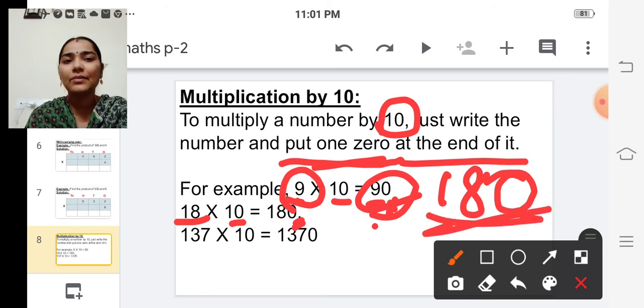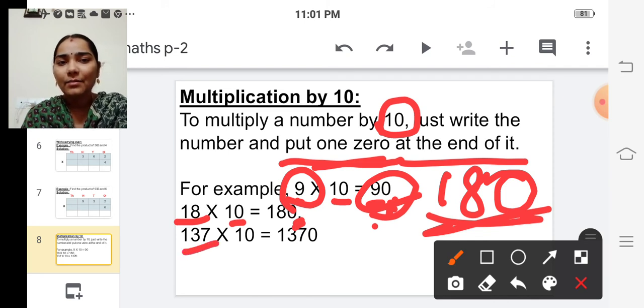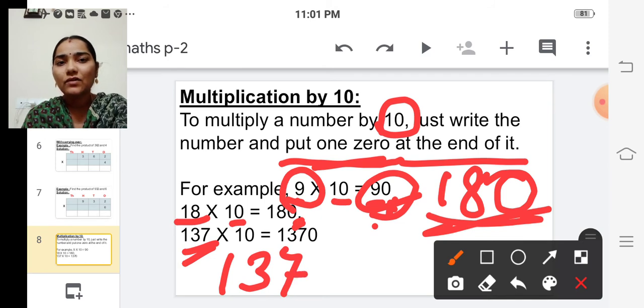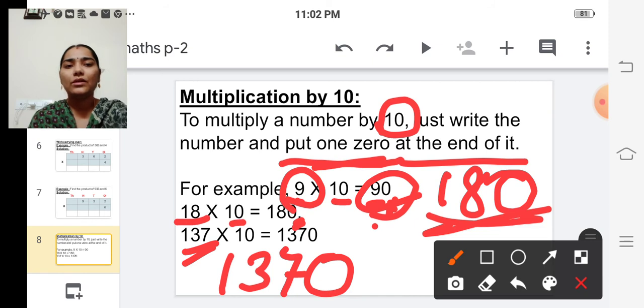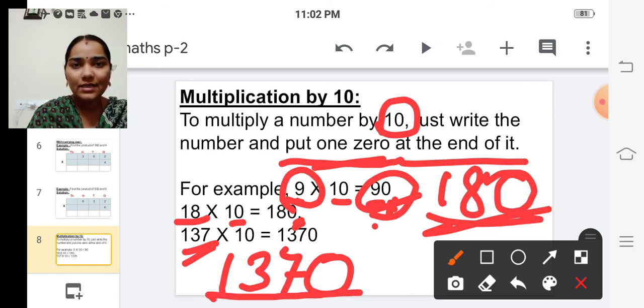See the next example. 137 into 10. So what we have to do? We have to write the number 137 as it is, and we have to put 0 at the end. So the answer is 1370.